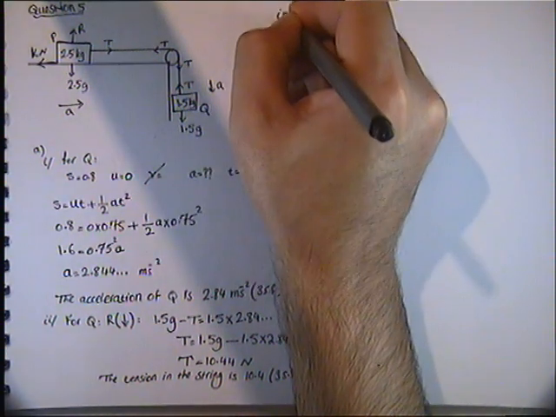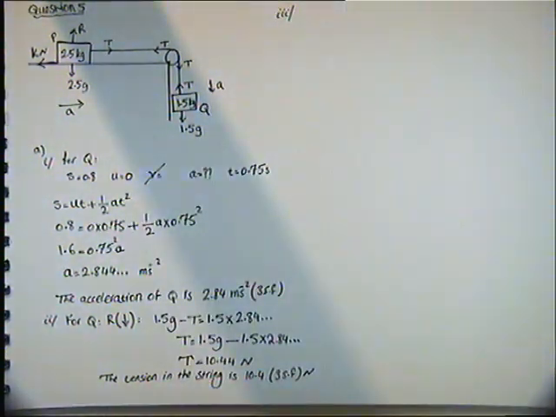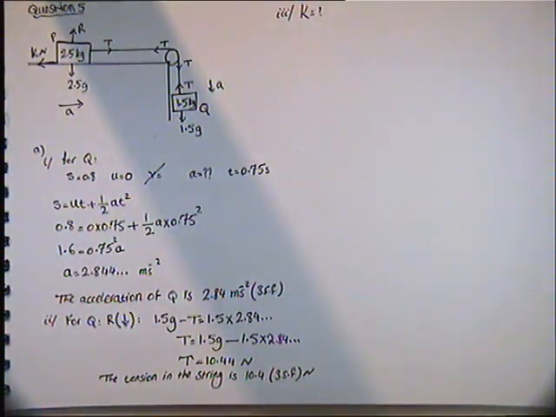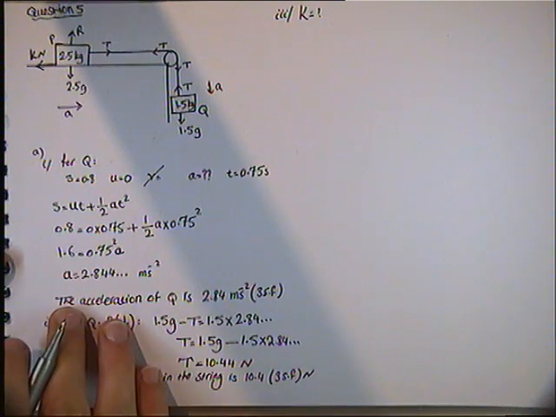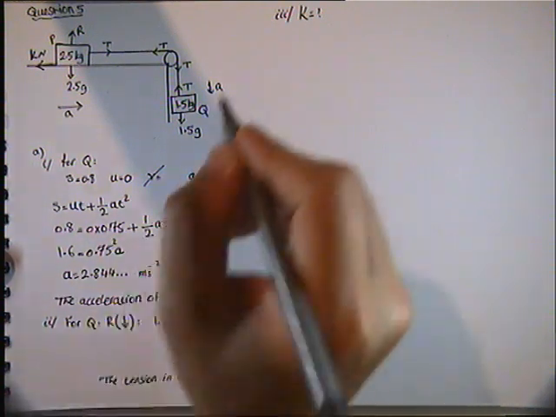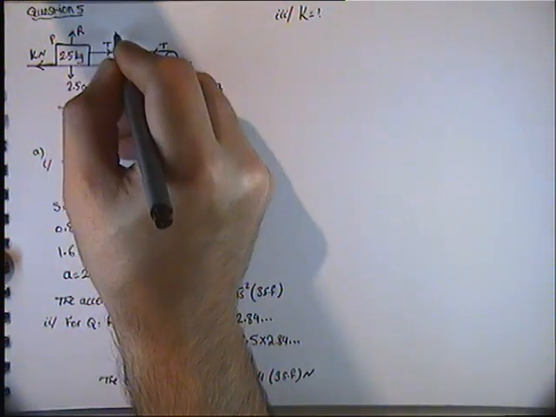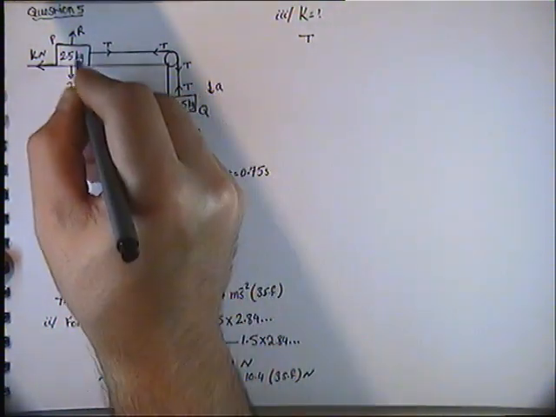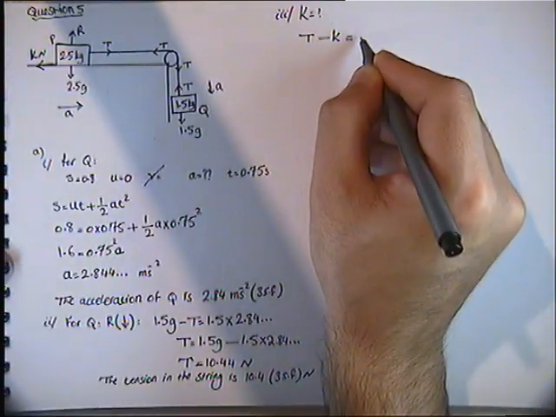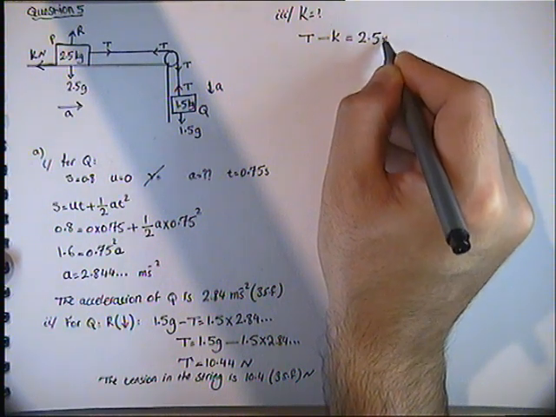Part 3. Find the value of K. To work out the value of K, all we need is to write down an equation for particle P. Apply Newton's second law for particle P. It's moving in this direction, therefore T is positive. Minus K must equal mass times acceleration.